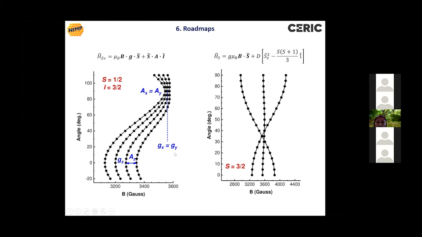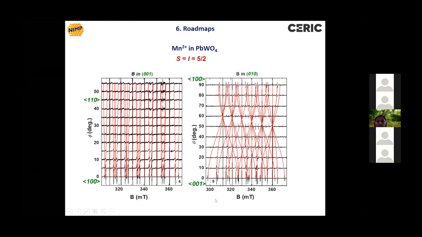And why I show you this? Because in the next slide, I will show you the angular dependence for manganese, which has both zero field splitting and hyperfine interaction in lead tungstate.